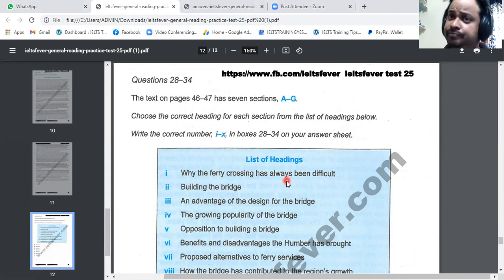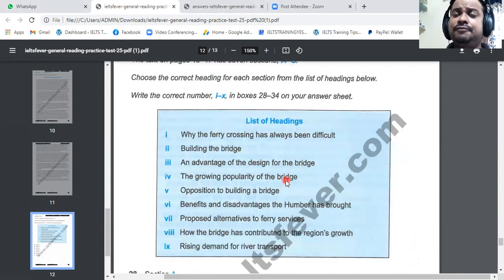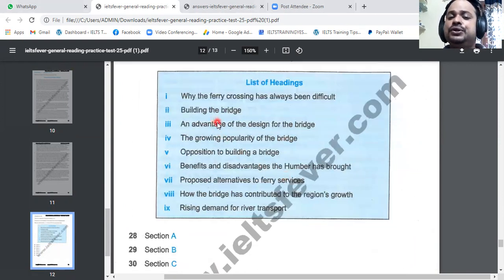So instead of doing so, to save your valuable time, I request you to paraphrase these things in your own words. How you understand the picture, that's the way. You can do that in your own way.